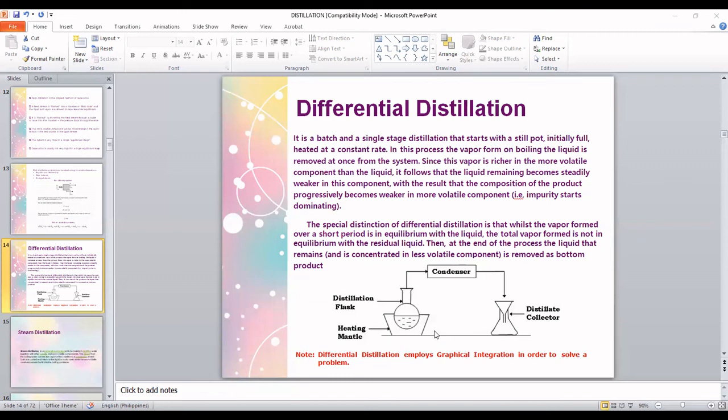So that's the answer I'm trying to get from you. The residual liquid is the liquid remaining in your still. If it's a column, it would be your distilling column, with the condenser and auxiliary equipment. Okay, so that's for your differential distillation.